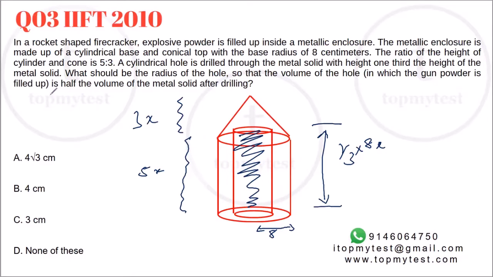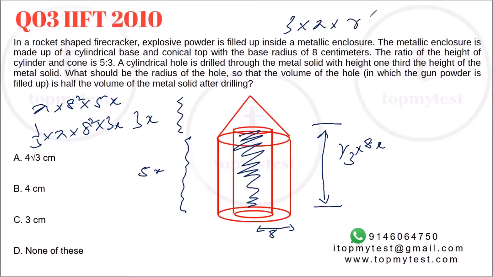Volume of the cylinder will be pi into 8 square into 5x. Volume of the cone will be 1/3 of pi into 8 square into 3x. Now the volume of the hole which is there, this value will be 3 times the volume of the hole. 3 into pi into, we don't know the radius, r square into 1/3 of 8x.